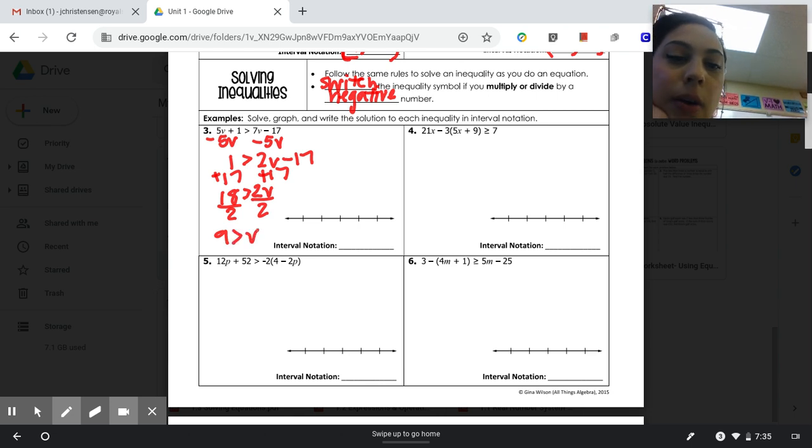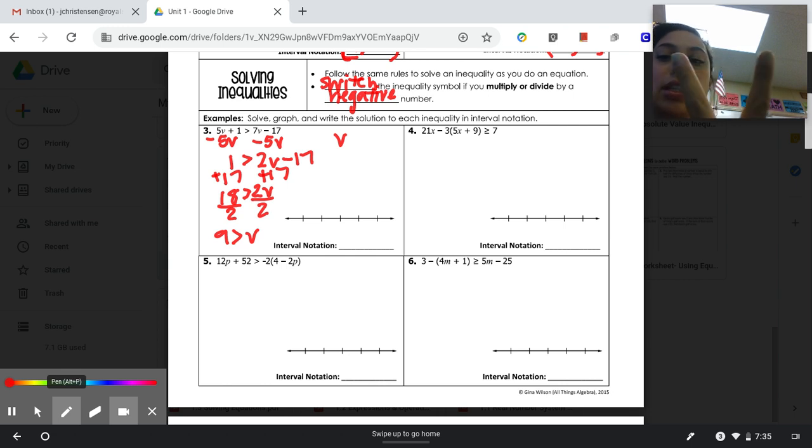I always like to write it with the variable on the left side, so I'm going to write my answer as v is less than. If we switch the sides that the variables are on, we have to flip the sign as well. So v has to still be less than 9.